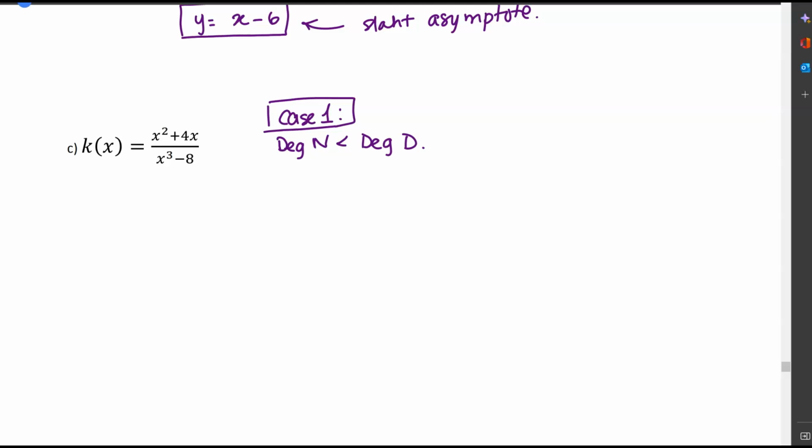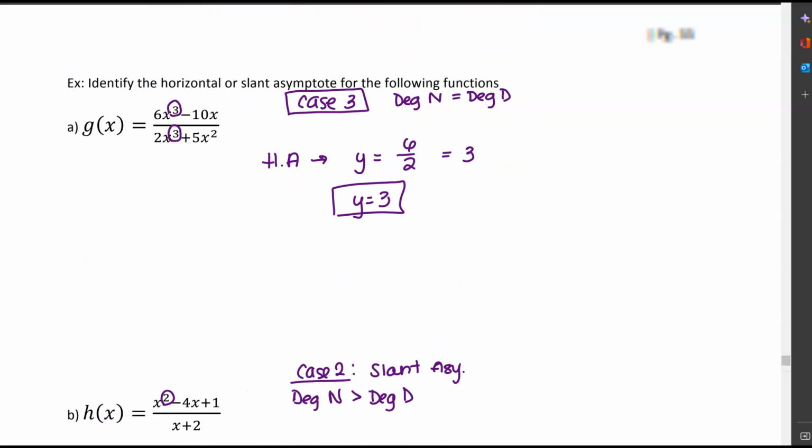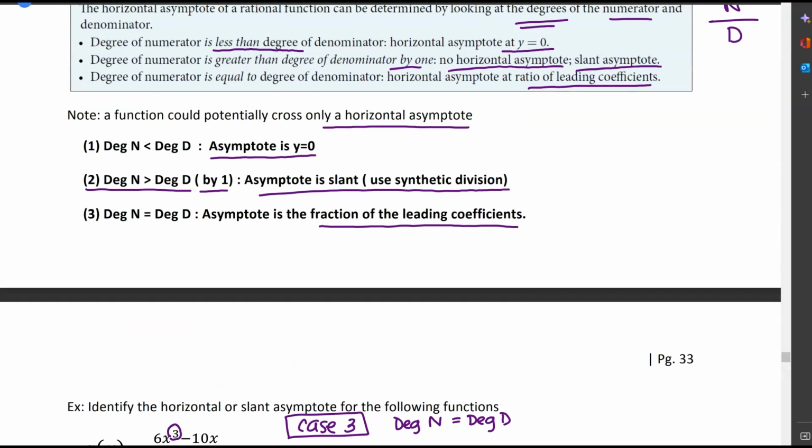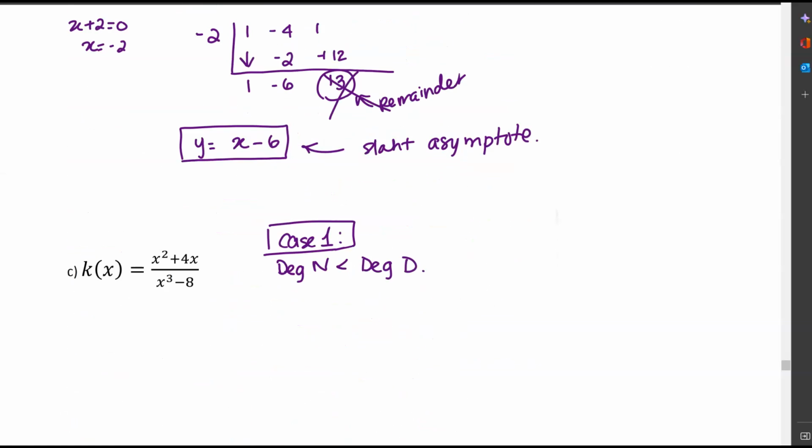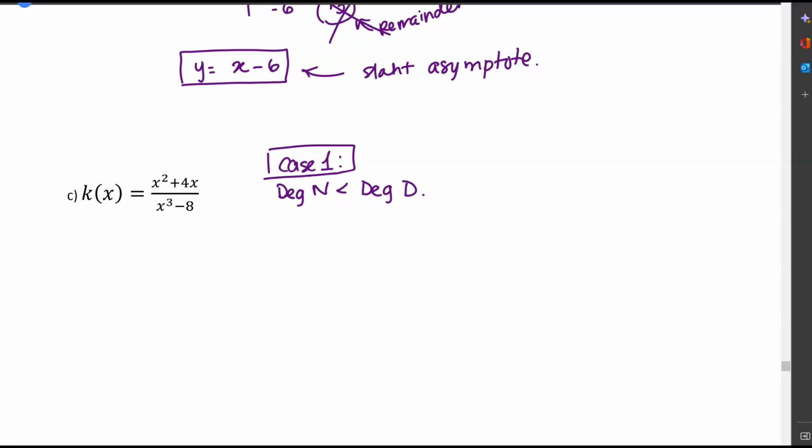If you remember going back all the way up to case 1, this tells us that our asymptote is y equals 0. So my horizontal asymptote here is going to be y equals 0.